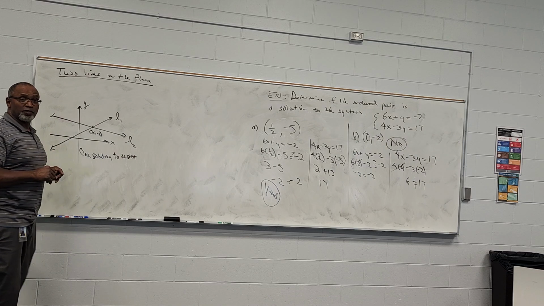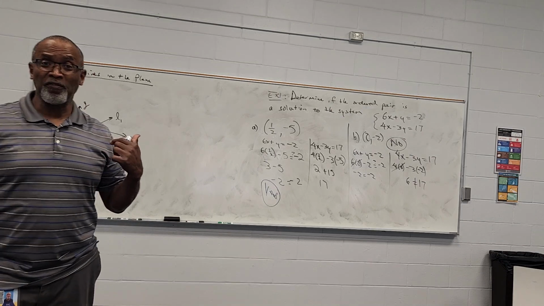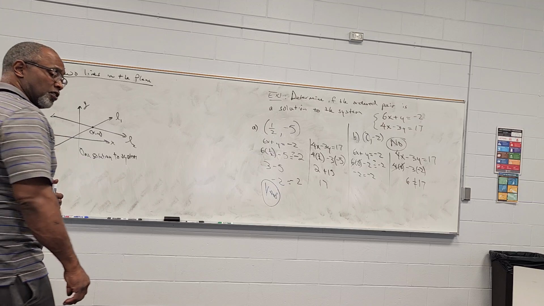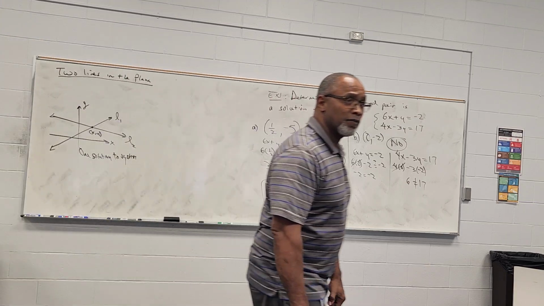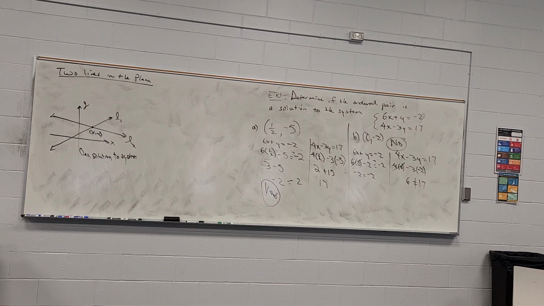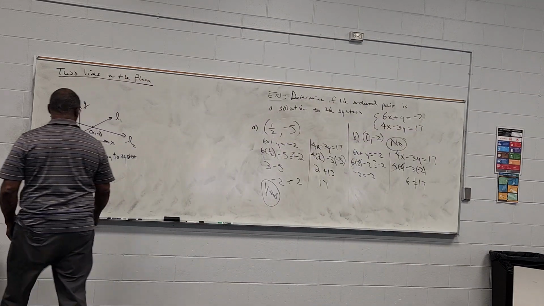So I could figure out the solution to a system of two lines with two unknowns by graphing them. Now that's not the most efficient way, but I could figure out the solution to a set of linear equations by graphing those two lines. Wherever they cross, that will be the solution. So if they cross in one place, that's the solution to the system.